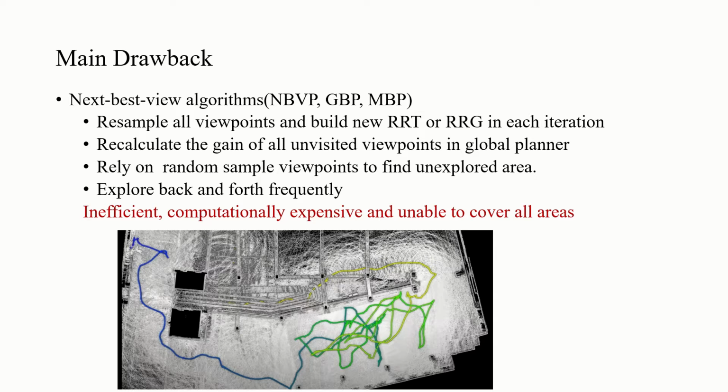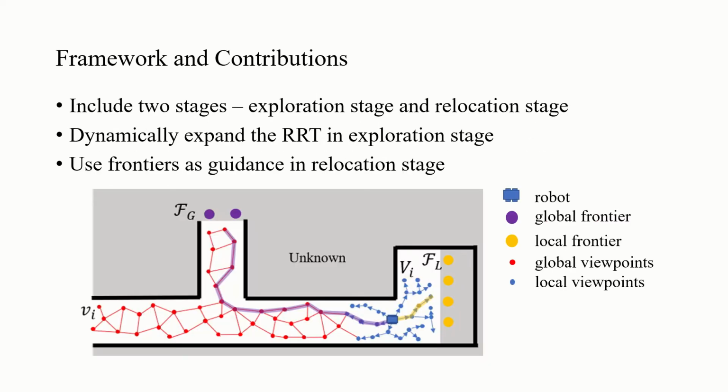So we made our own method to solve these issues. Our planner includes two stages. In the first stage, the planner expands the RRT and keeps guiding the robot to new areas, so we call it the exploration stage. In the second stage, the planner relocates the robot to another unexplored area with global frontiers, so it is called the relocation stage. In the exploration stage, we keep those useful viewpoints from the old tree in each iteration and reconstruct the whole tree.